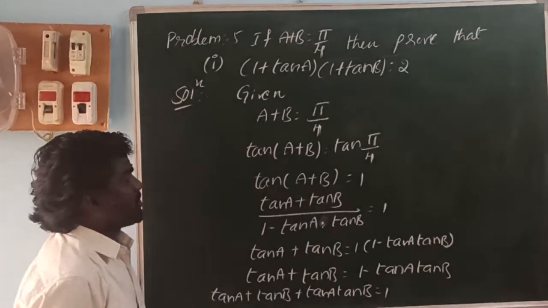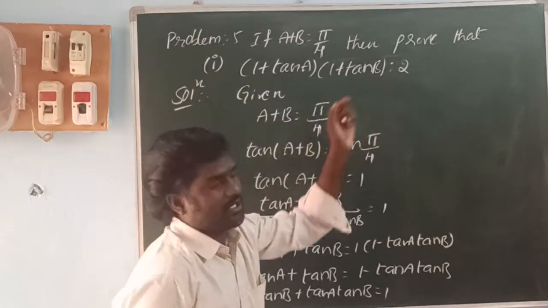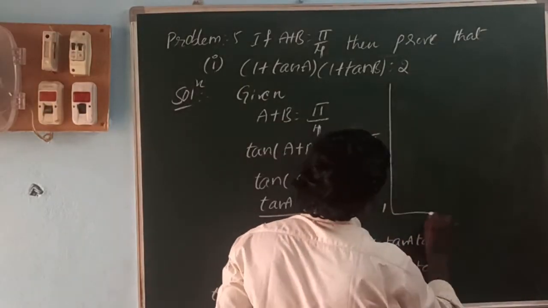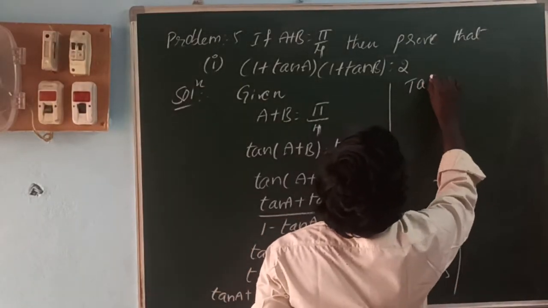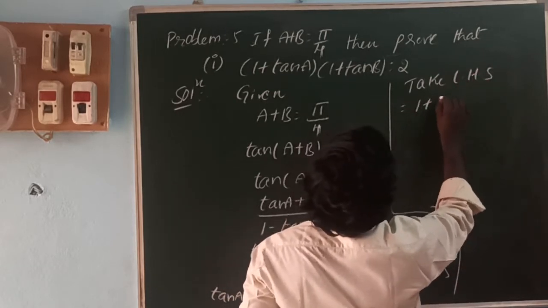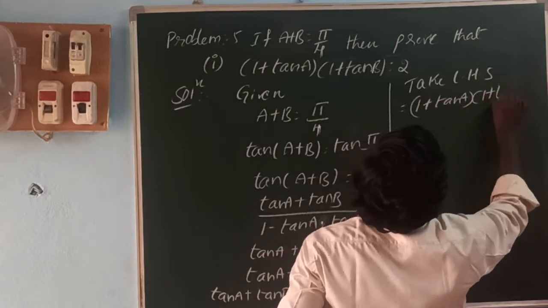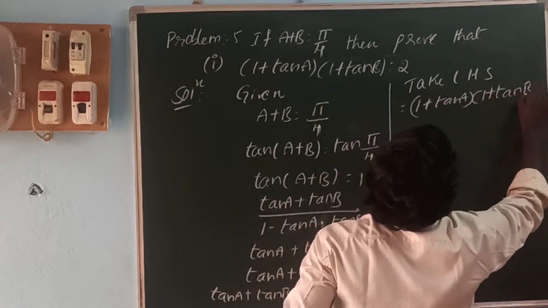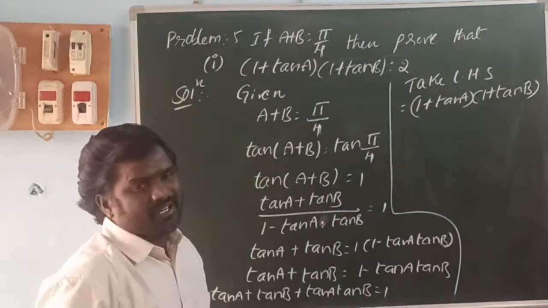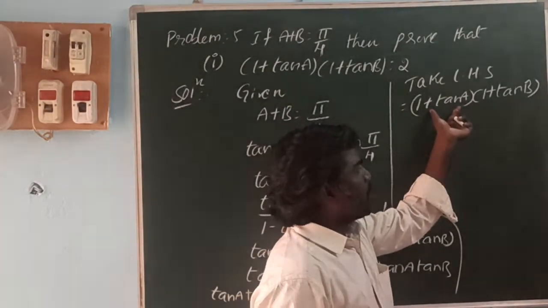So what is the question? Prove that (1 plus tan a) into (1 plus tan b) is equal to 2. So take the LHS. What is the LHS? (1 plus tan a) into (1 plus tan b). Here is the product of two terms, how do we multiply?